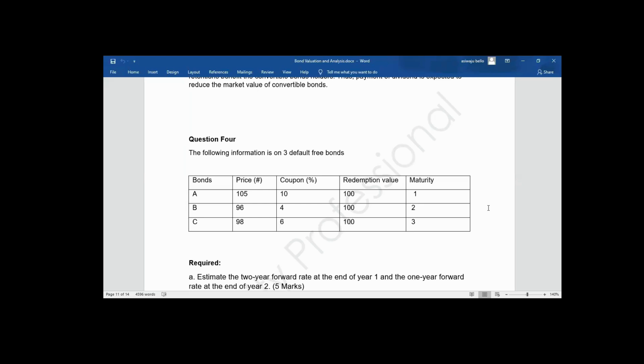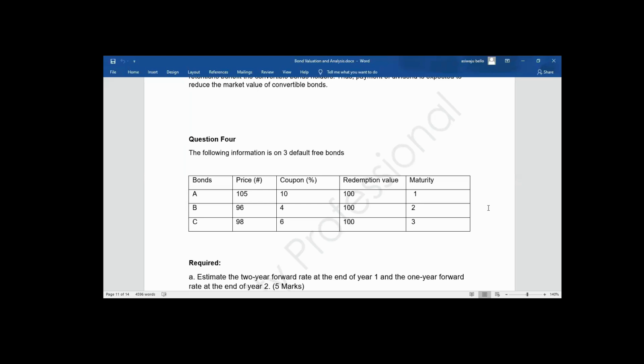That means we have future cash flows from the bond. We use a discount rate to discount the future value to obtain the present value. That present value represents the current value of the bond, the current price of the bond.